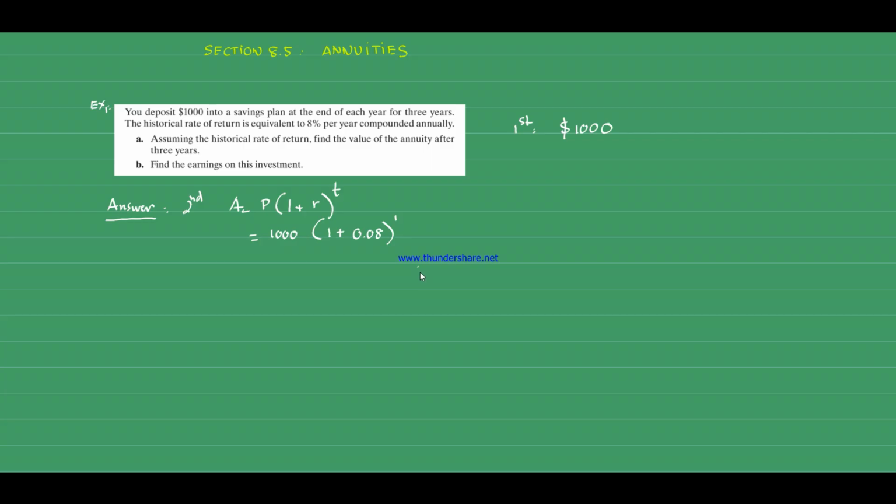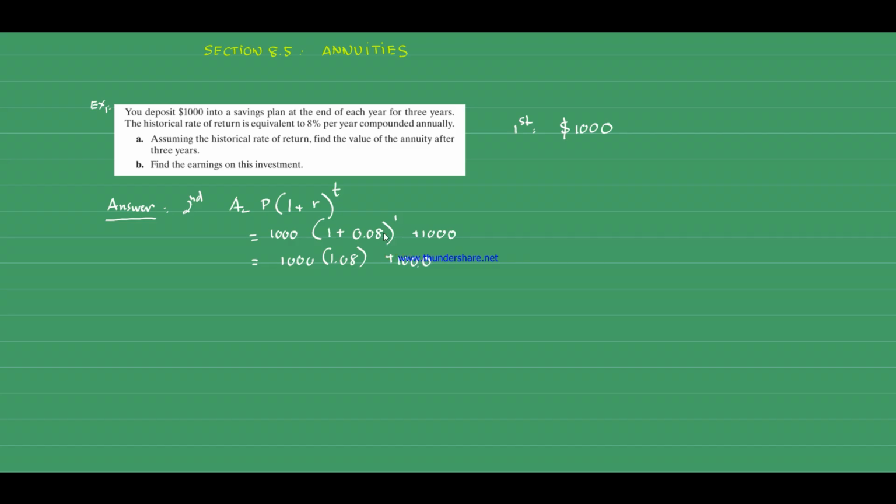Then of course you need to add the first year also, so we end up with $1,000 times 1.08 plus $1,000.